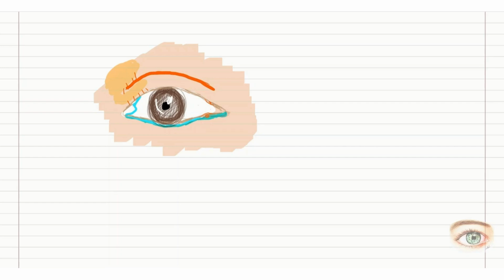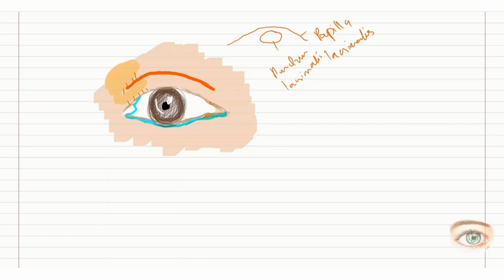And where do these tears go? They go into the punctum. If you can recall from the previous video, we have this papilla lacrimalis, which is actually a bulge in which the punctum is present, or we can call it punctum lacrimalis, right?